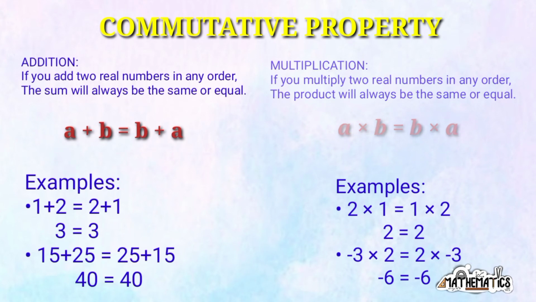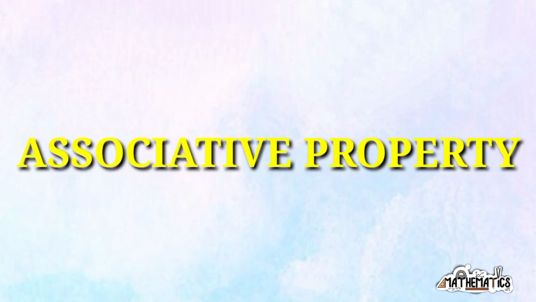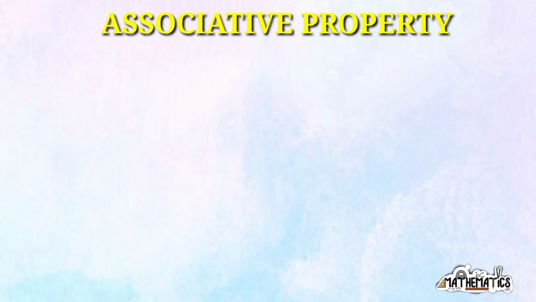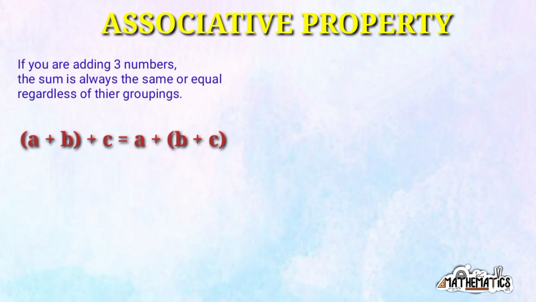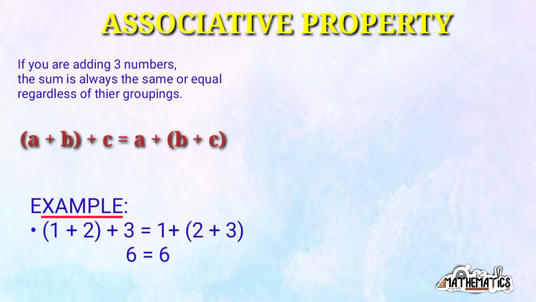The next and last property that I will be discussing today is the associative property. It says that if you are adding three numbers, the sum is always the same regardless of their groupings. It means that the quantity A plus B plus C is equal to A plus the quantity B plus C. For example, the quantity 1 plus 2 plus 3 is equal to 1 plus the quantity 2 plus 3.